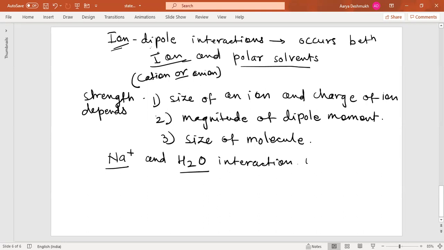It means the hydration of sodium ions. If sodium chloride is dissolved in water, how do these sodium ions get hydrated? This can be explained like this.